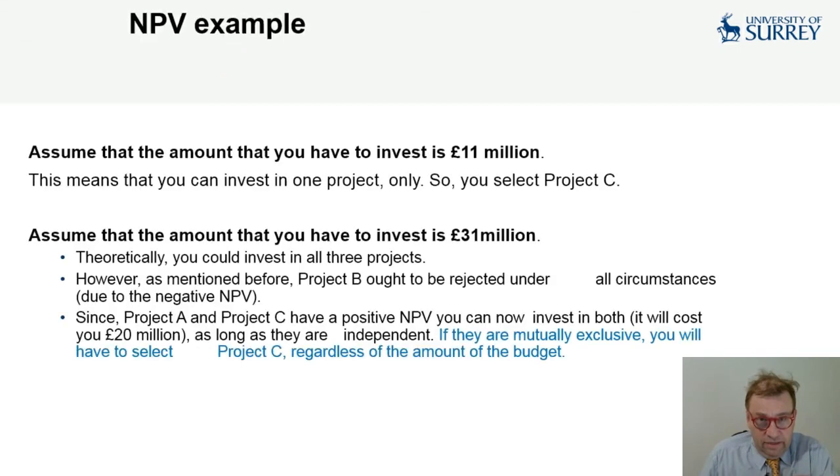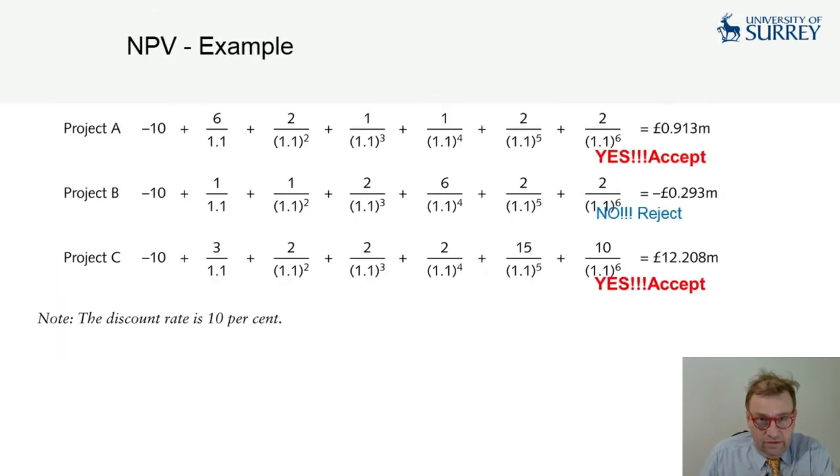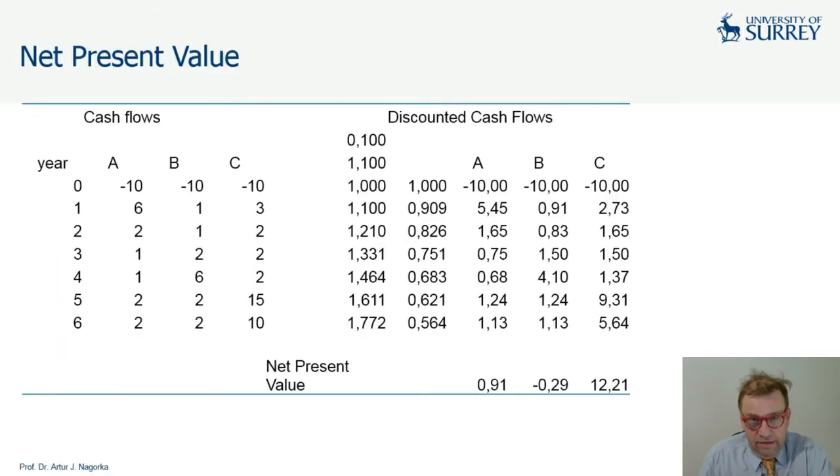I will return to it. We have these in this table here. So this is the column: 1, 0.909, 0.826, 0.751, 0.683, 0.621, 0.564.